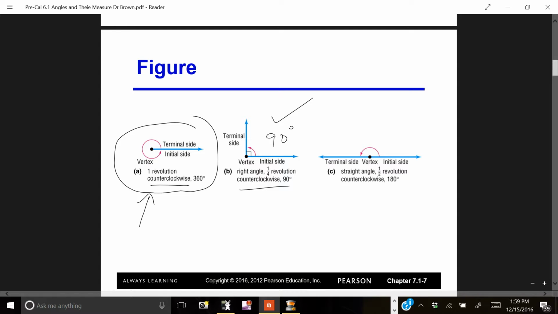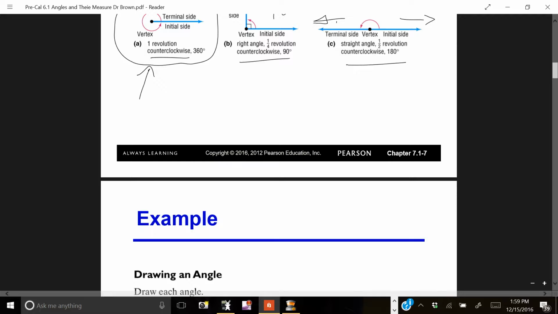Counterclockwise, it's 90 degrees. In this particular case, if we go 180 degrees, we start on the initial side and go 180 degrees to the terminal side, and we say the angle is 180 degrees.